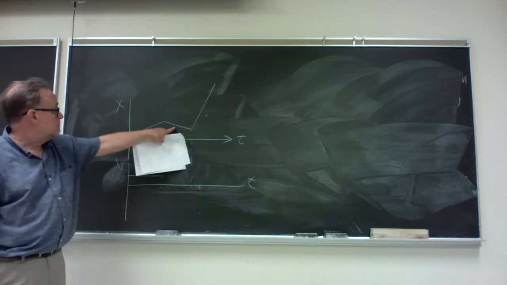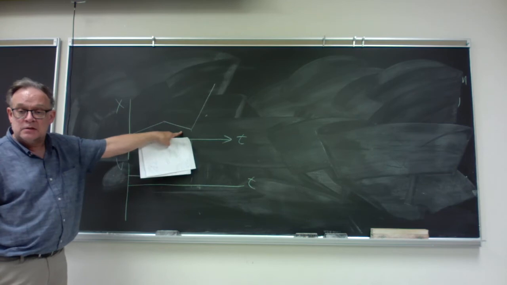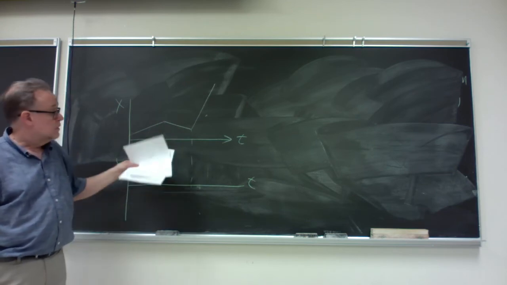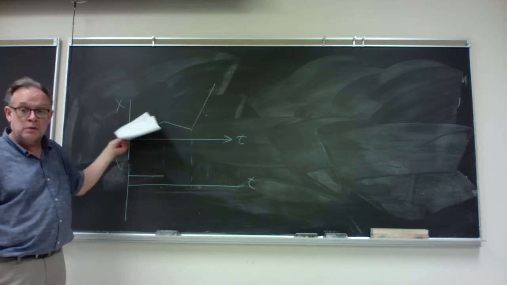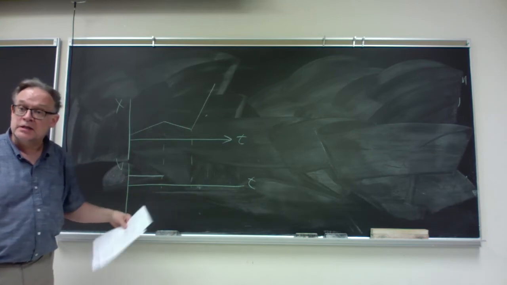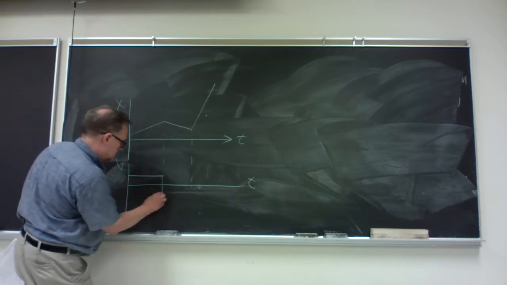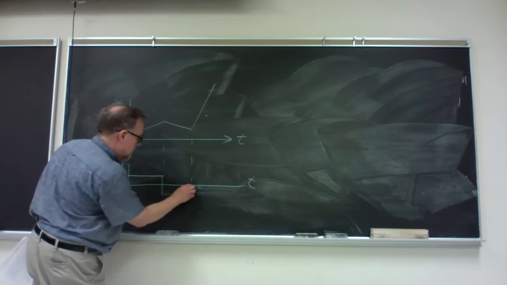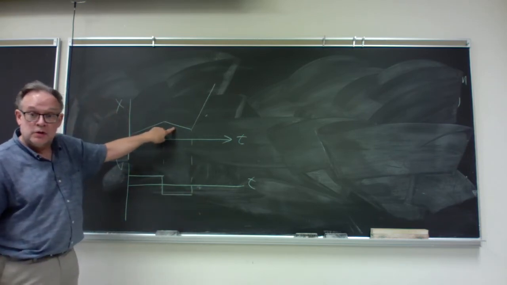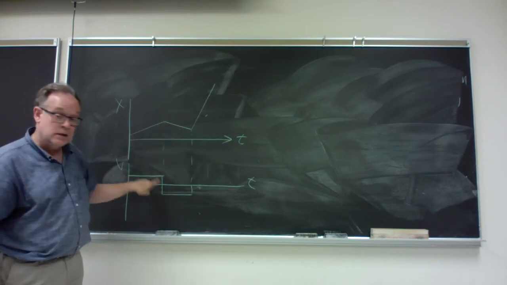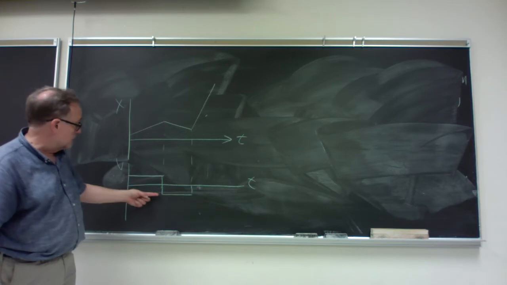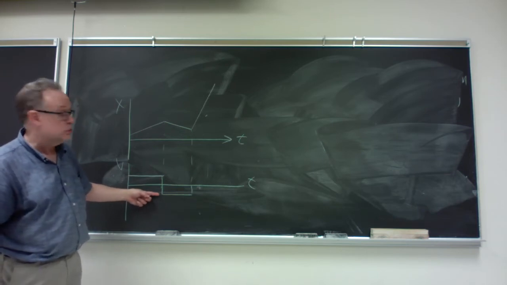And here, a constant slope because it's a straight line, but a negative slope. So constant negative slope on the position graph means you've got a constant negative velocity. And in fact, the magnitudes of these velocities are the same. If this is a velocity of 2 meters per second, this would be a velocity of negative 2 meters per second.